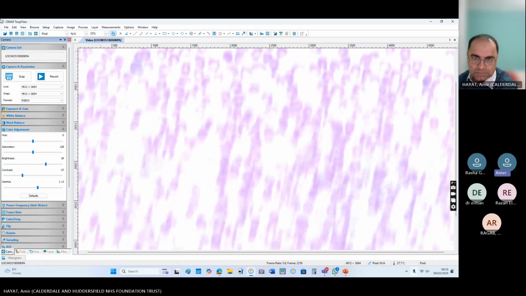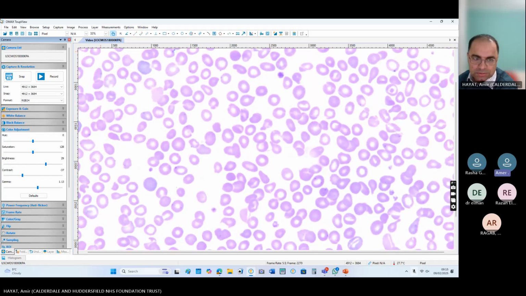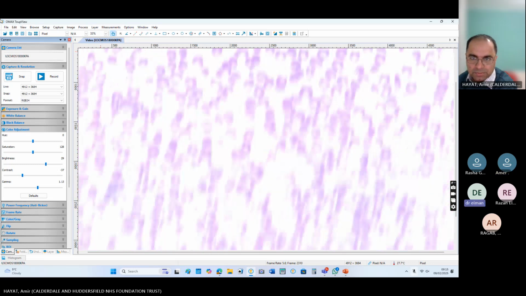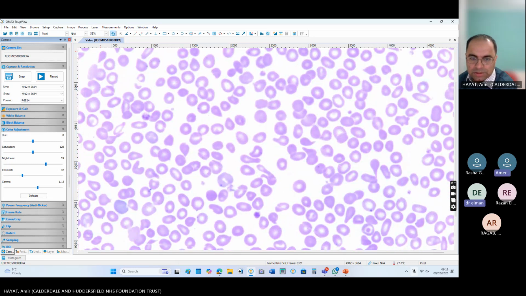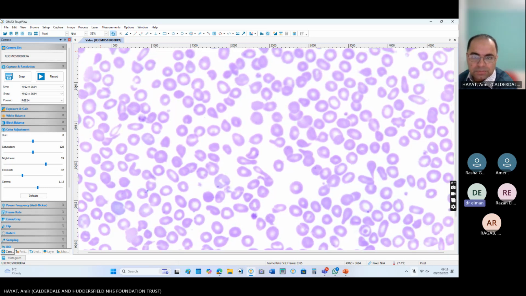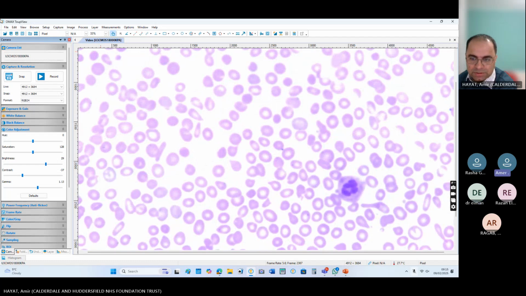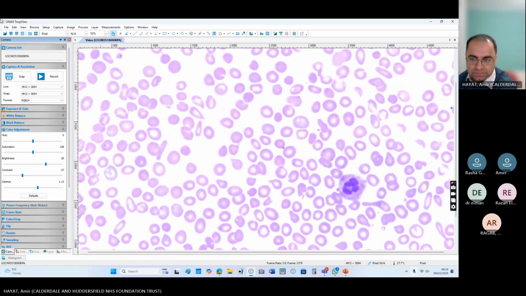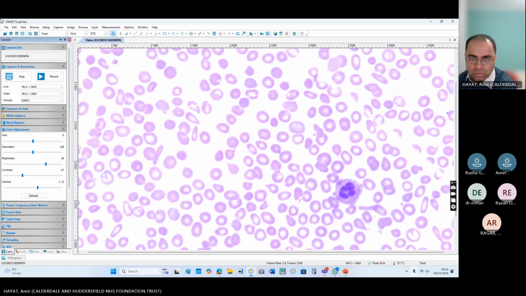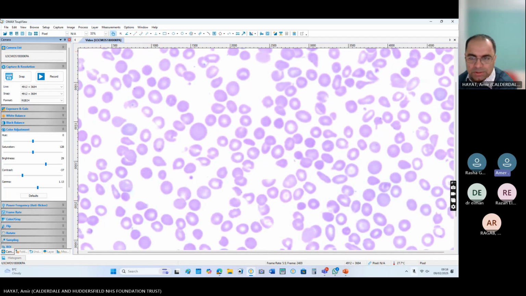White cells have no abnormality. There are rare polychromatic cells as well. Platelet anisocytosis, because a few platelets are small, a few are large. The patient is anemic. What do you think can be the likely possibility here?